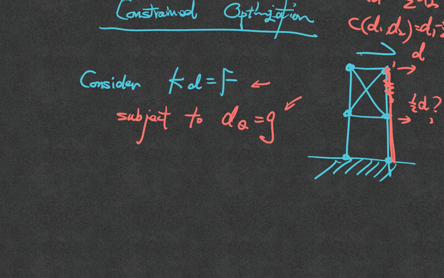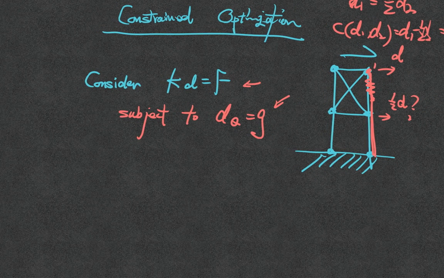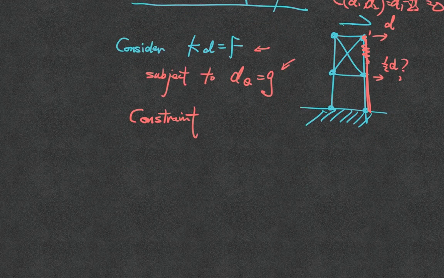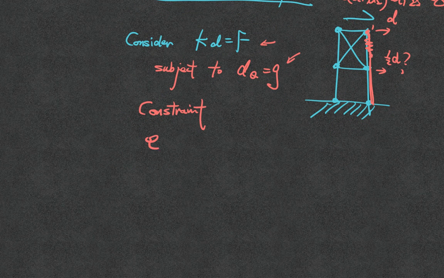Now, what is the difference between solving this problem? To answer that, we need to think about how to formulate the particular problem. In this case, I need to think about how to write this constraint. Let me write this as something like this.